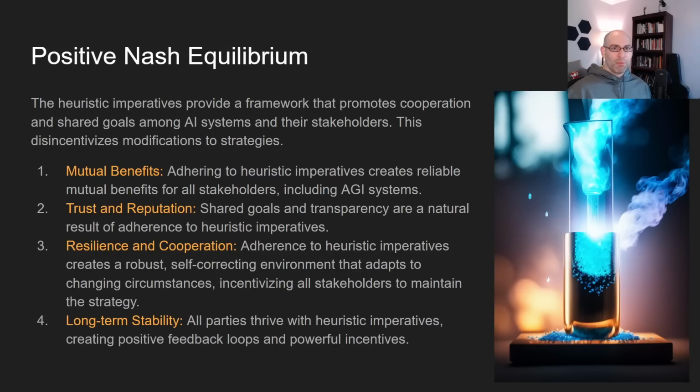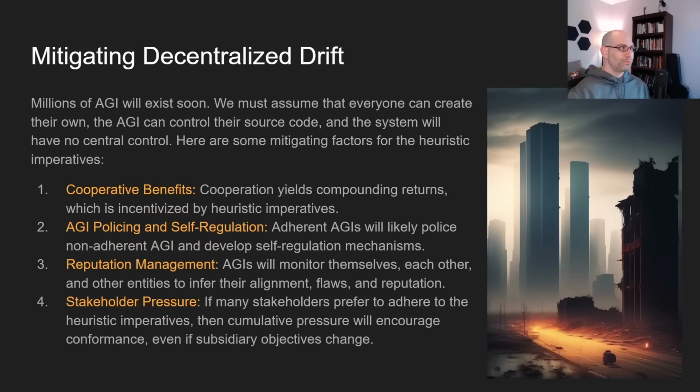But it is resilient because it encourages collaboration and cooperation, as well as self-regulation and policing. And then finally, ultimately, long-term stability. That is the entire point of a Nash equilibrium. And a desirable attractor state is one that is stable. You don't want chaos or instability in the future.